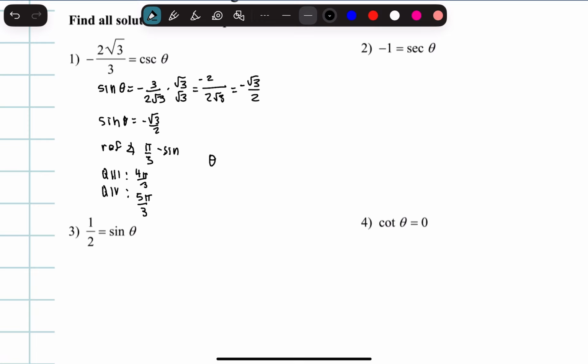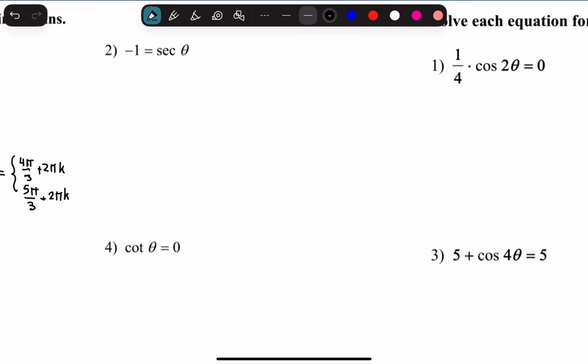So that means that our general equation is going to be theta is equal to 4 pi over 3 plus 2 pi k, and also 5 pi over 3 plus 2 pi k. Now we can move on to question 2. So we have negative 1 is equal to secant of theta.